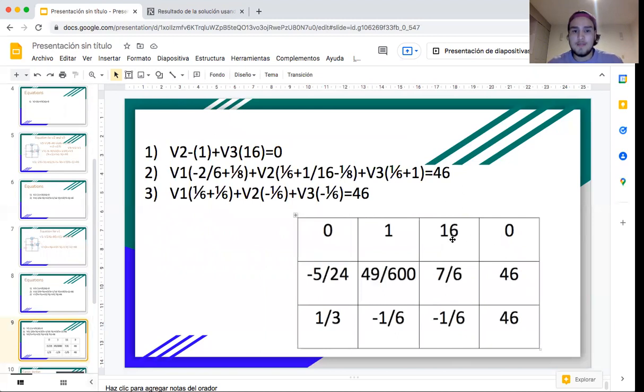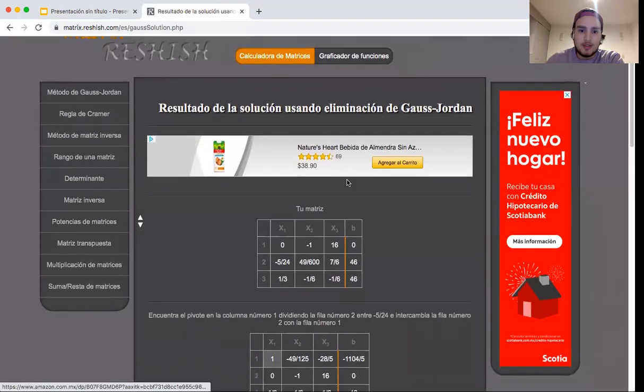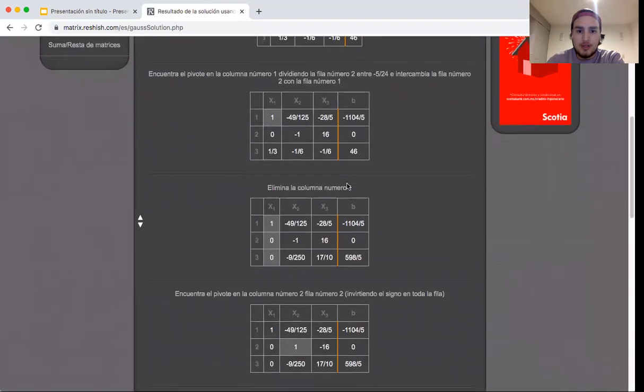This is the augmented matrix, because here we have the 0 in the V1, 1 in the V2, 16 in the V3, and the 0 as the result. We can see it all the way here. And we are going to put this in a Gauss-Jordan program to have the solution, and we can see it right here.